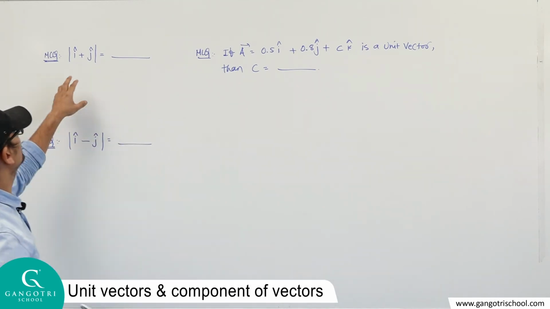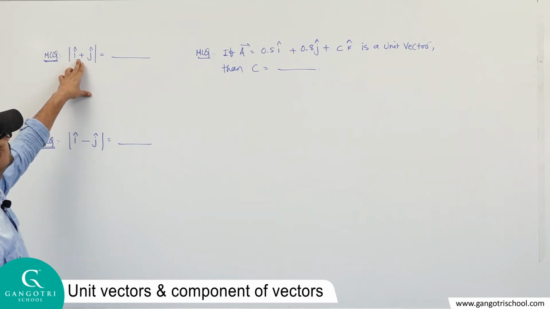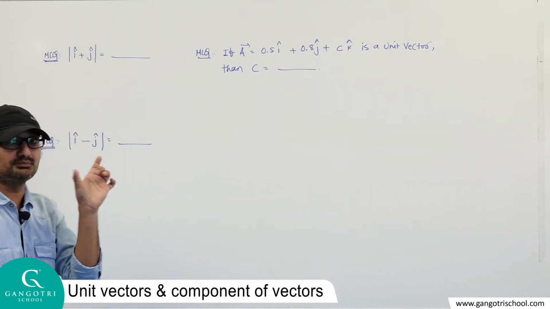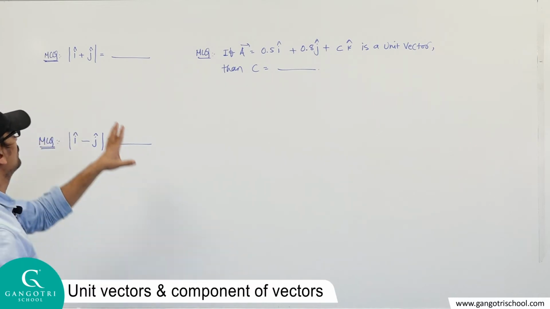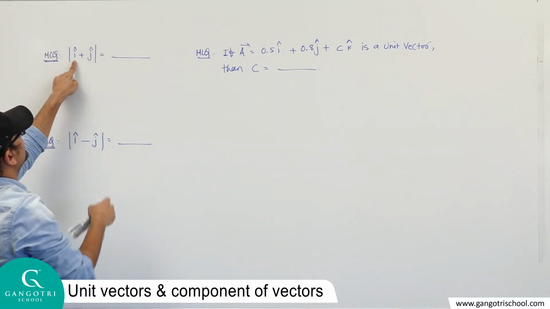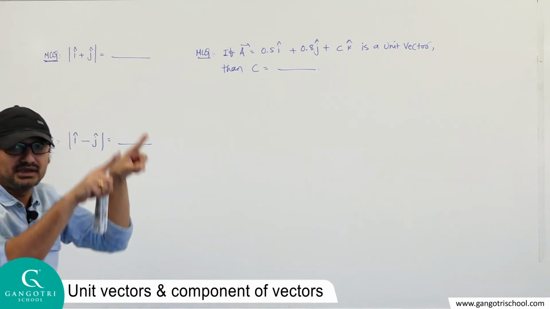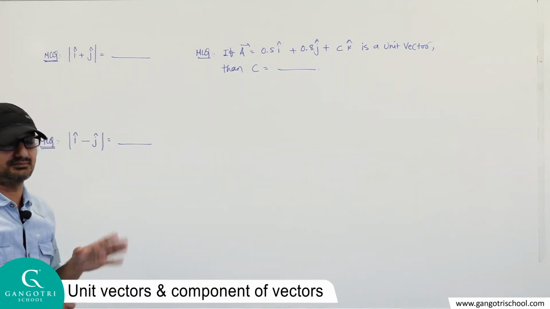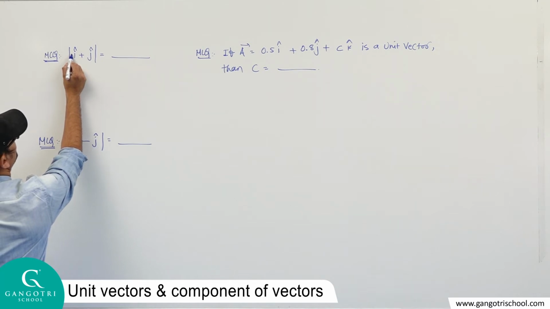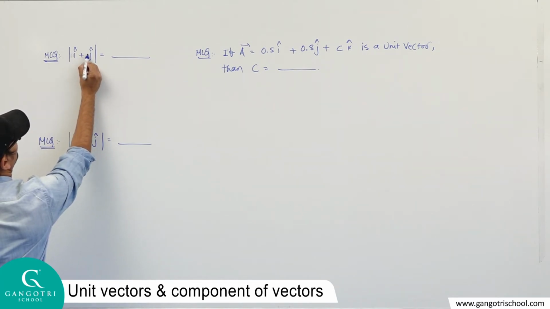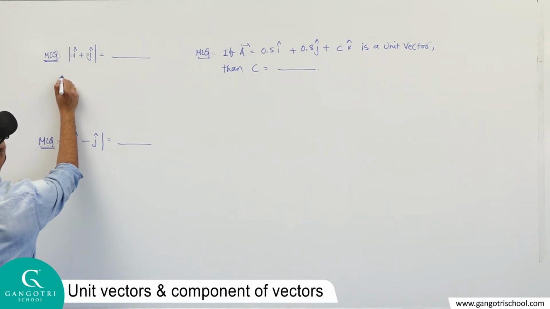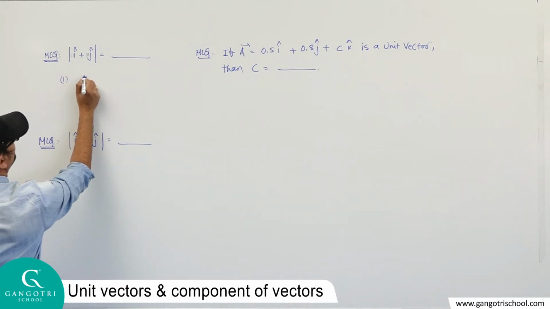First MCQ: i caret plus j caret, and mod means magnitude. The question asks us to find the magnitude of i caret plus j caret. Here the x component is 1 and the y component is also 1.